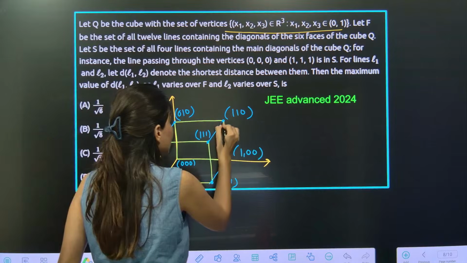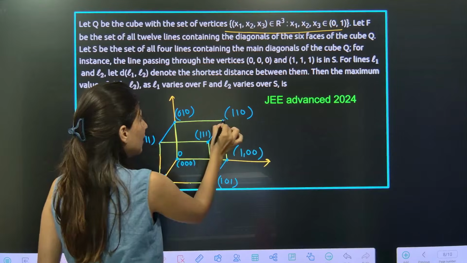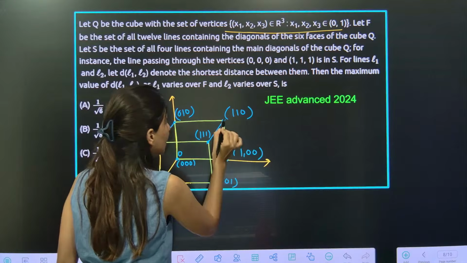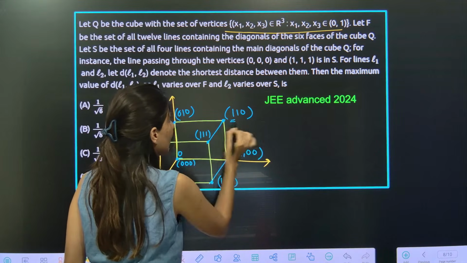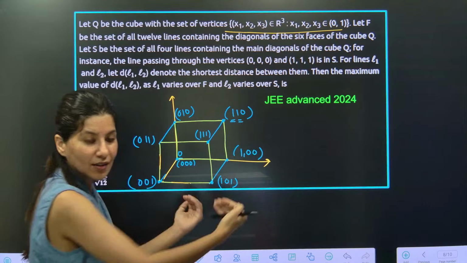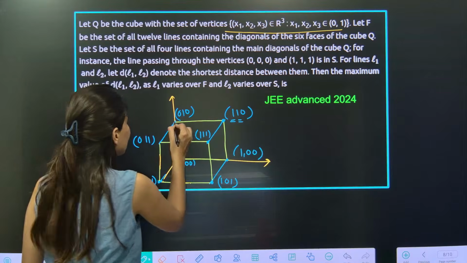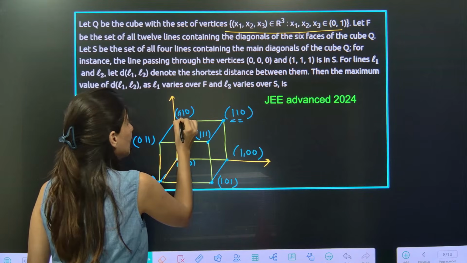See this vertex. Now tell me, this is origin O. To reach here, you have to go horizontal and vertical. Horizontal is X, vertical is Y, and towards you is nothing, so that is why 0. How to write this? You are traveling from the origin directly vertical, so only 0, 1, 0.